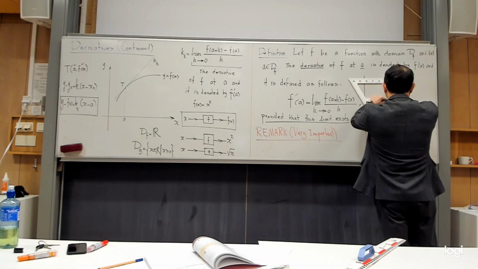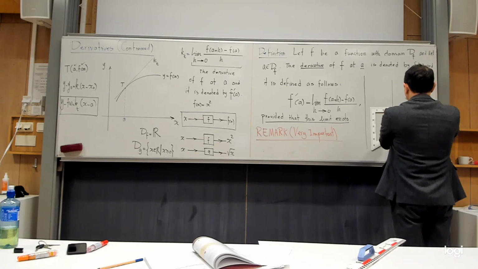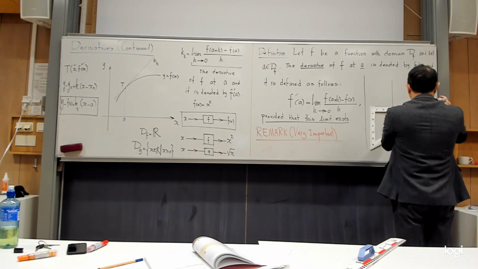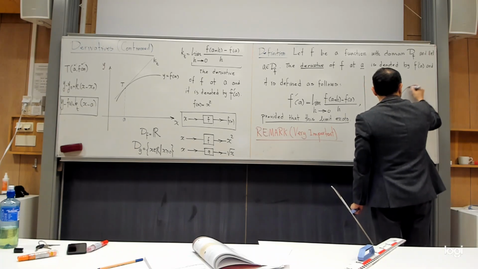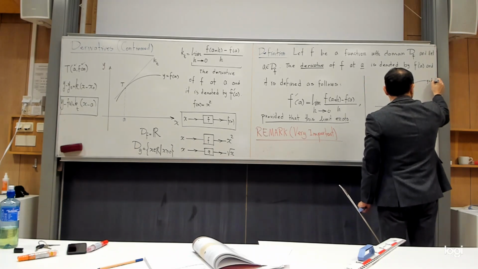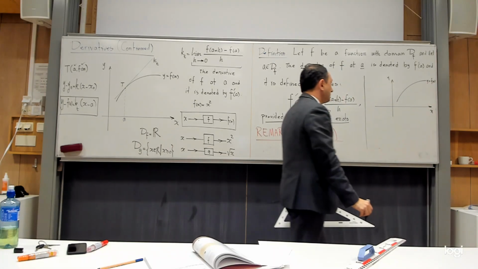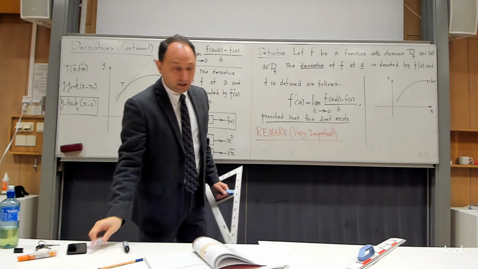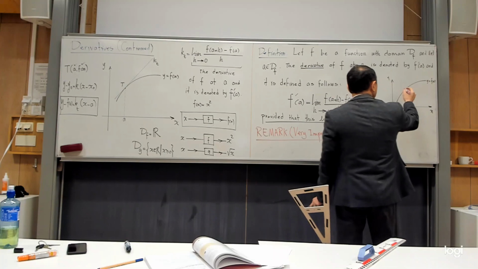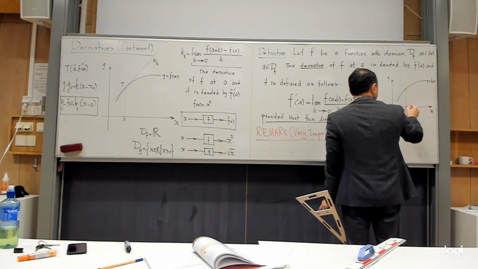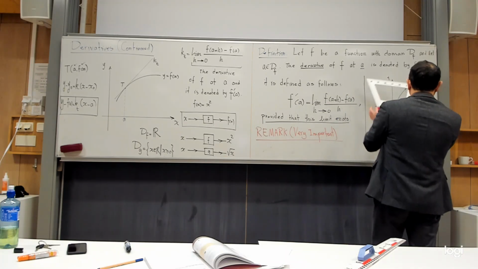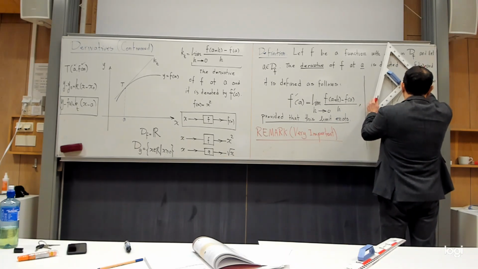If I have x and y axes, and then y equals f of x, and then you have a point here whose x coordinate is a, and then you draw a tangent line here.